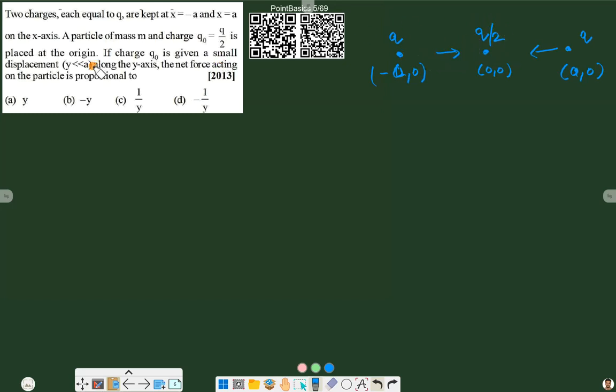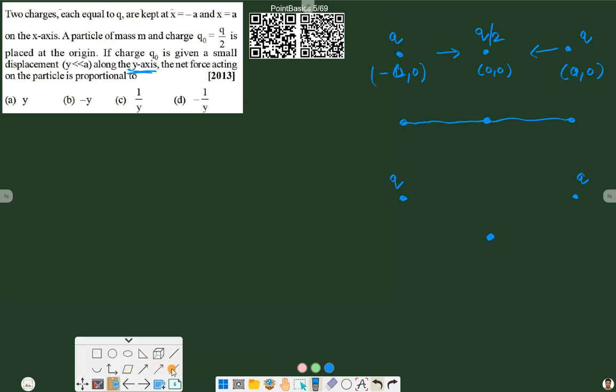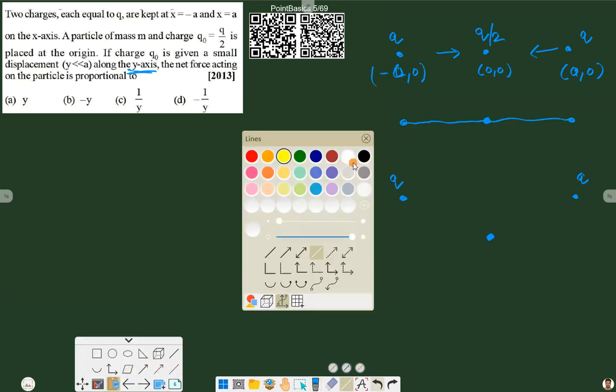Now we have given it a small displacement, and that displacement is along the y-axis. Initially all of these three are in a straight line, and now we have given a slight displacement. So these two q charges will stay as they are, and this q by 2 charge will go slightly downwards. So this will form a triangle, and let us draw this triangle.